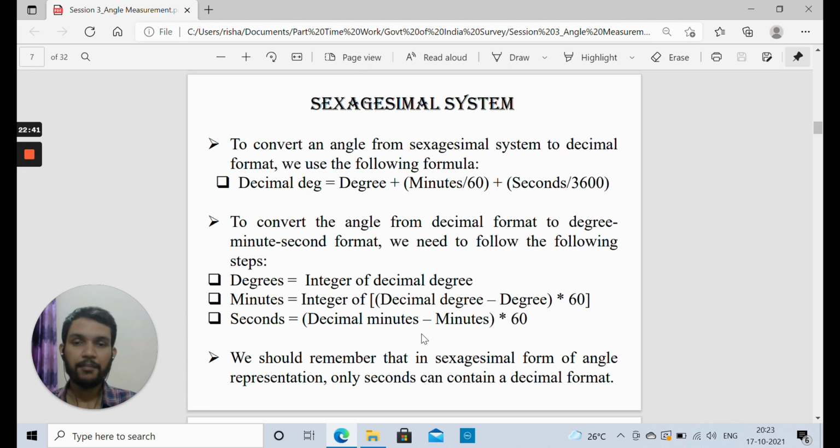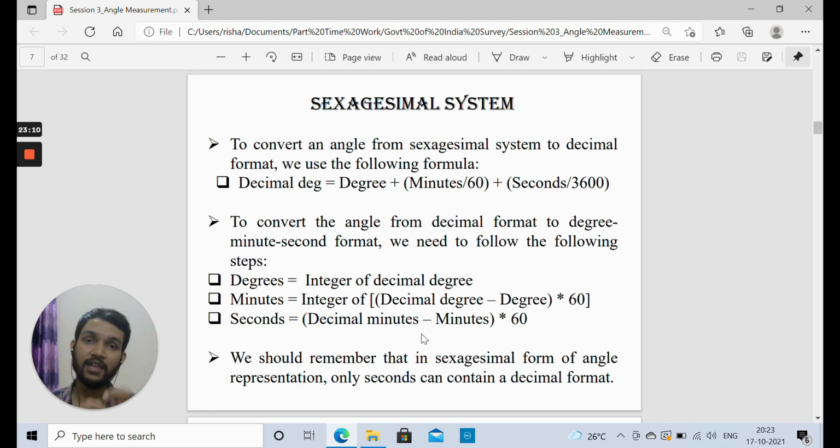Okay, so what is happening? See, if any decimal angle is given to you, maybe in the form of 20.475632, some random value, what you do is, the integer portion before the decimal, the 20, will be the angle in degrees.